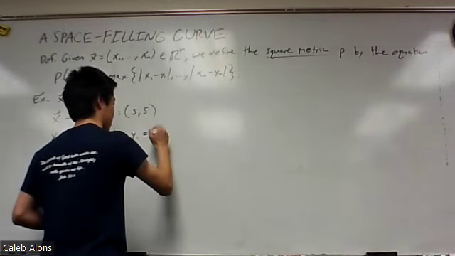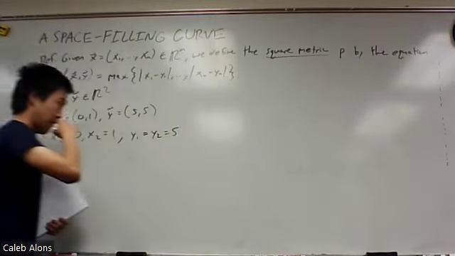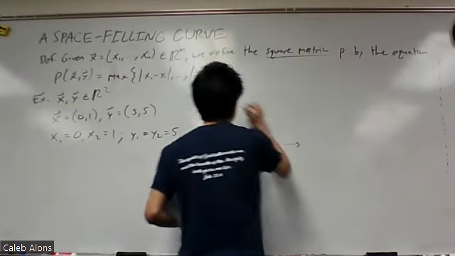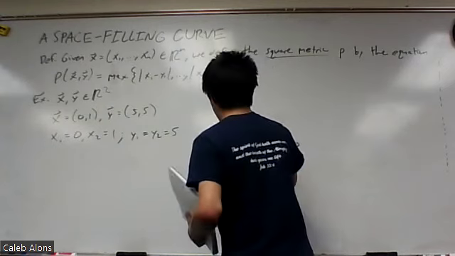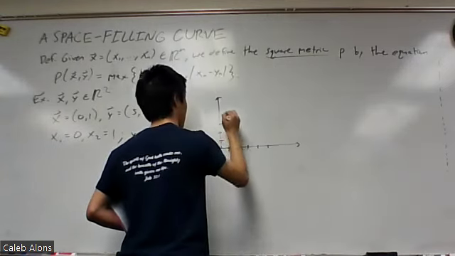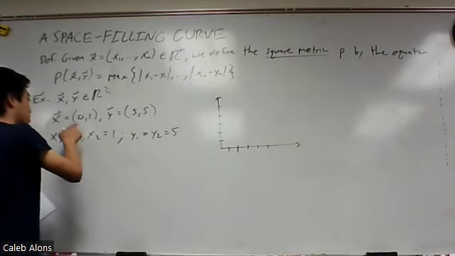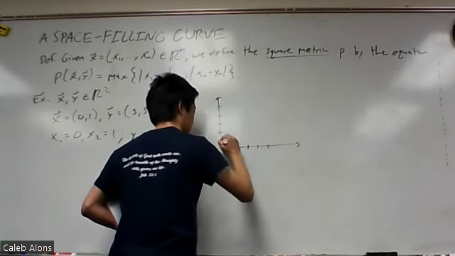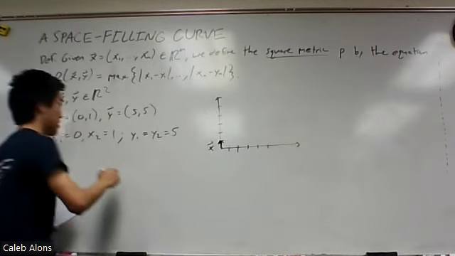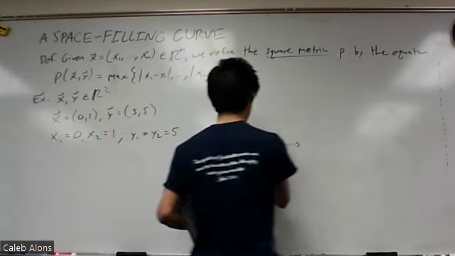So I'll just say y1 and y2 are 5. Our first vector, (0, 1), is kind of small here. And then our other vector is (5, 5).